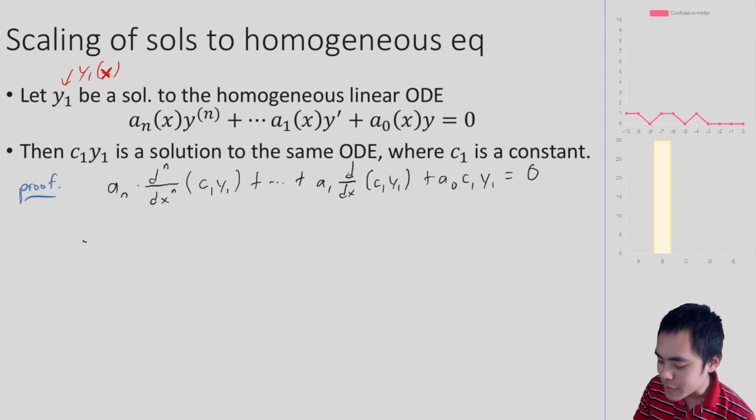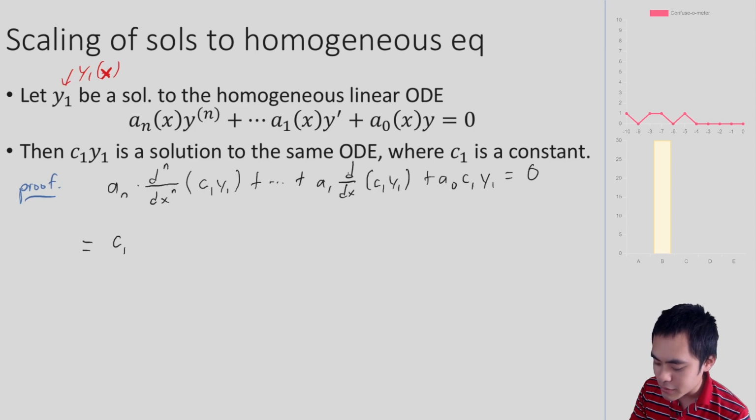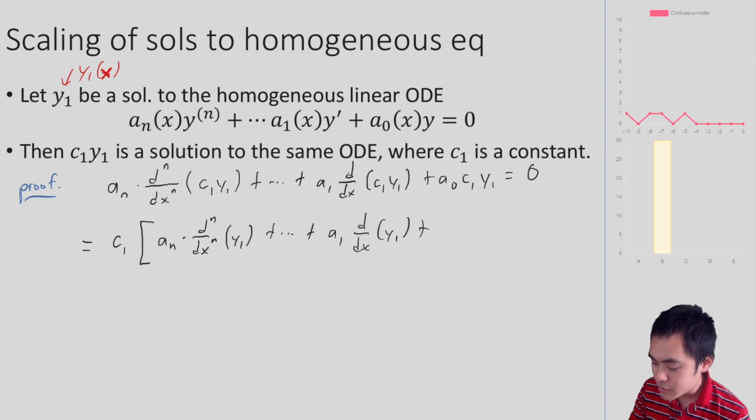Well, we can rewrite this because when you take derivatives, you can just pull the constants out in front. And so this is equal to c1 times a_n, the nth derivative of just y1, plus a1 d/dx y1 plus a naught y1.